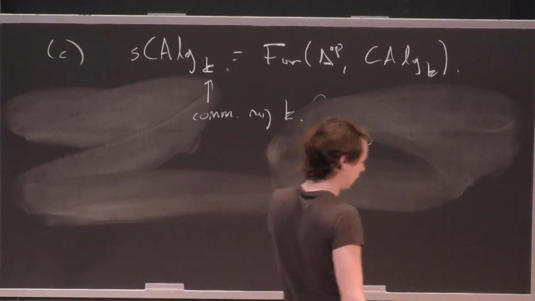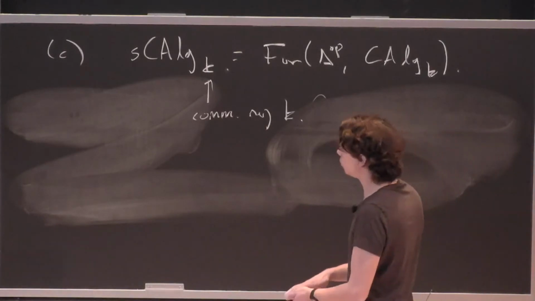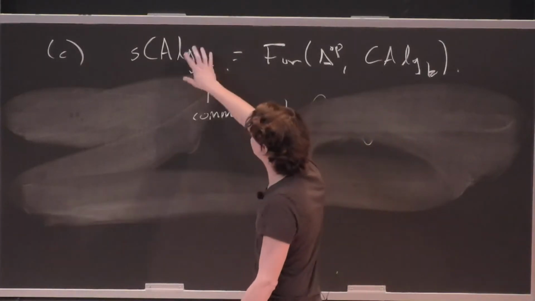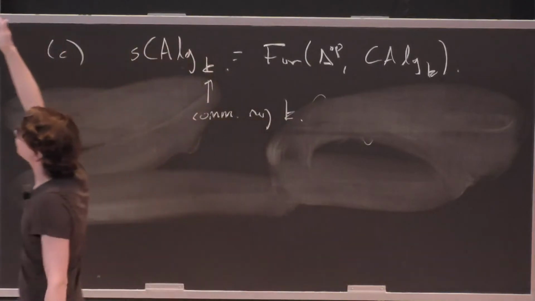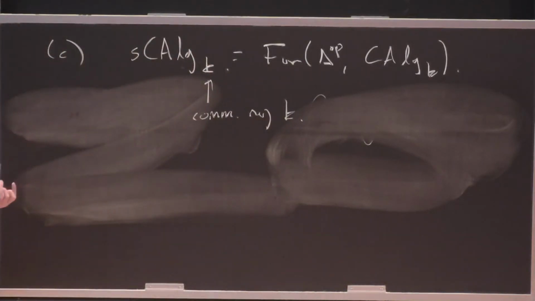So this kind of object was studied by Quillen and really was one of the reasons model categories were created to begin with. I'm not going to say too much about that, but again, there's a notion of weak equivalence. The weak equivalences are just the maps that are weak equivalences as simplicial sets or as topological spaces, since a simplicial commutative algebra has an underlying simplicial set.